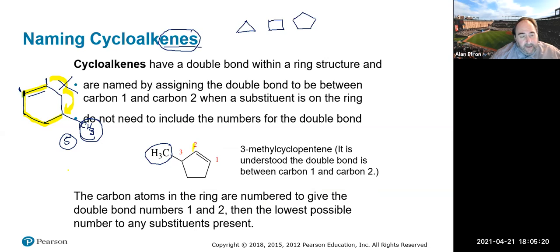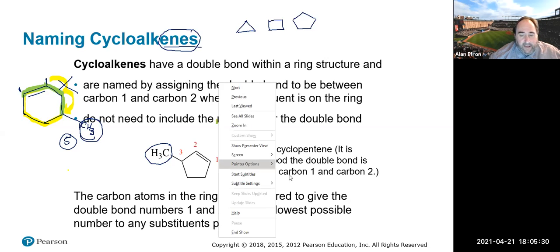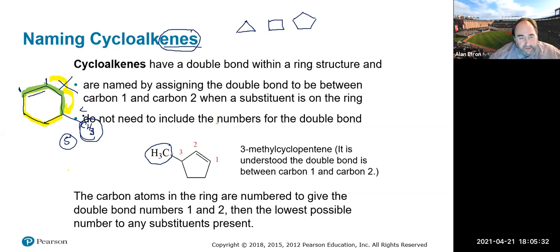So starting here at 1 to 2 to 3 to 4, that would give me 4 in terms of my location. Just like anything else, we would want to choose 4 in this case, numbering 1, 2, 3, 4, 5, and 6.